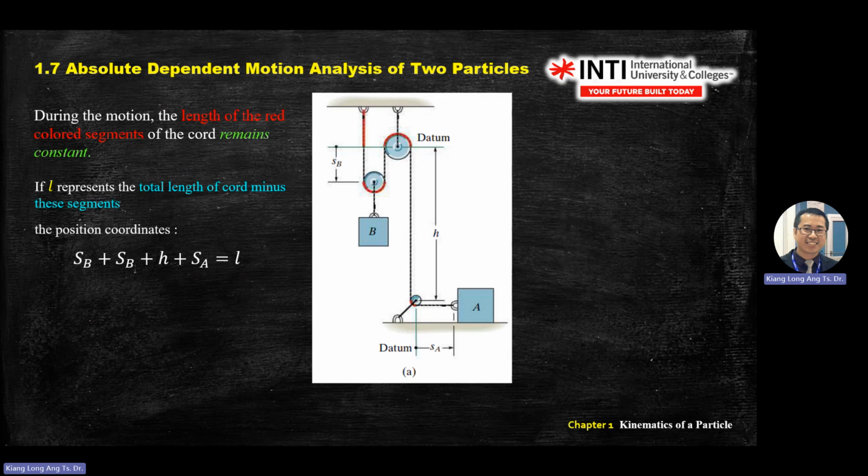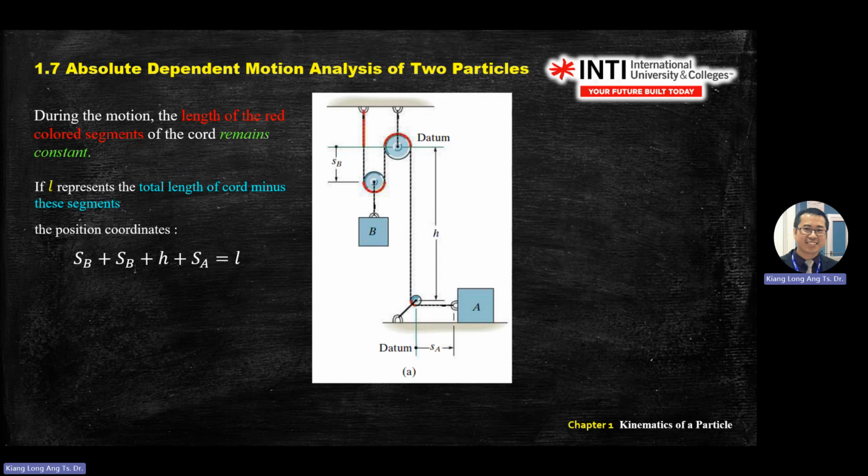So how do you calculate? SB. This one doesn't change, so you can skip. SB plus SB, this one skip. Then continue with h plus SA equals L.